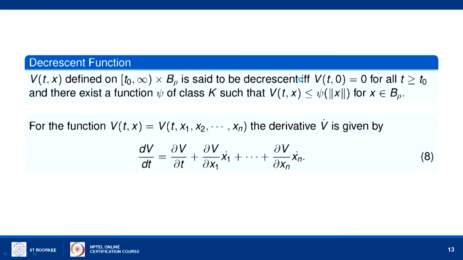So, now we define the next one, the decreasant function. A function is called decreasant if V(t, 0) is 0. So, at the origin the value is 0 for all t, that is similar to the positive definite case, but it should satisfy the condition like this.